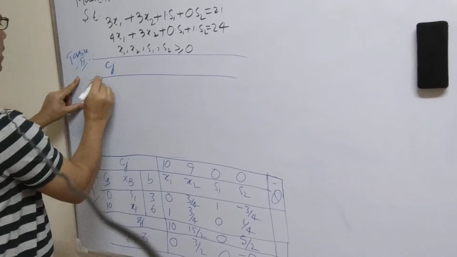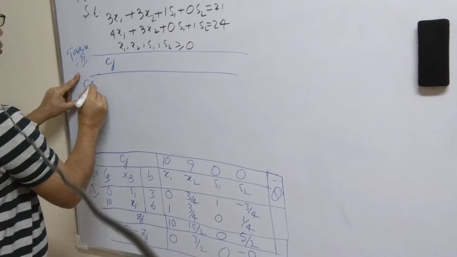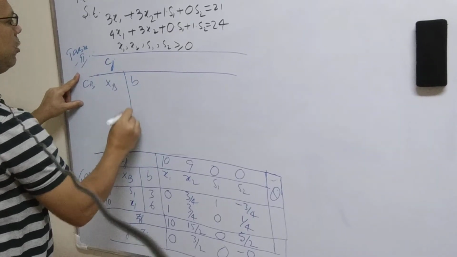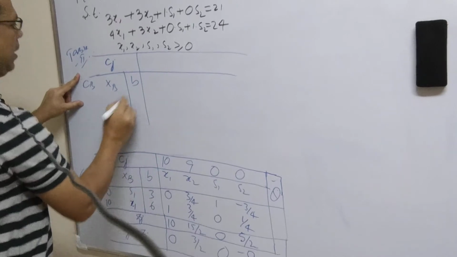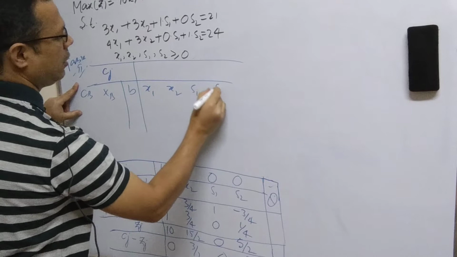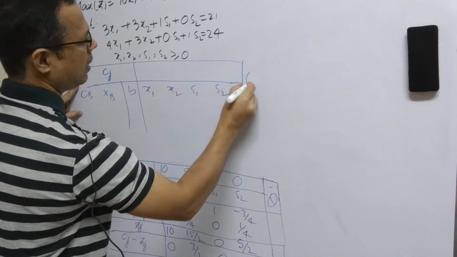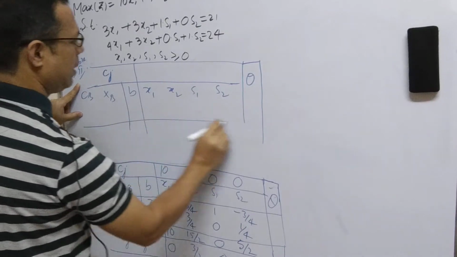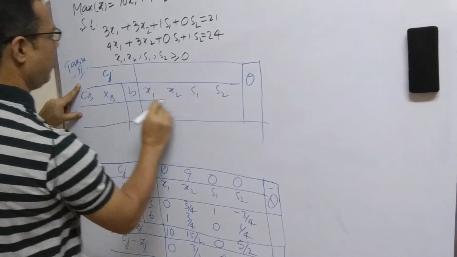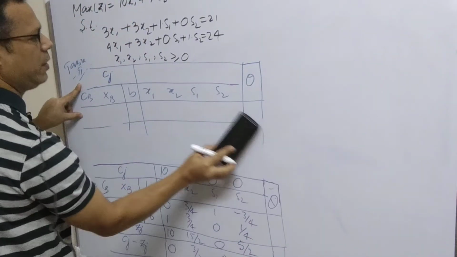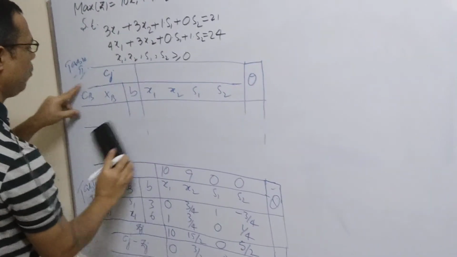Cb, Xb and B are not going to change. Just write x1, x2, s1, s2, which are not going to change. Theta we need to find, and just close this value. We need more space to write the two variables in a clear way.